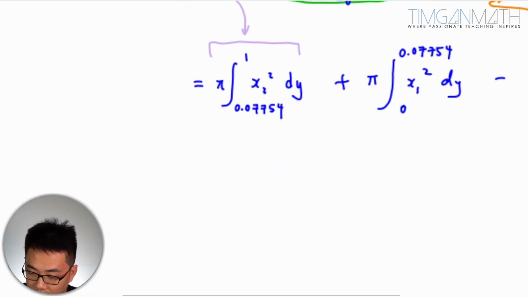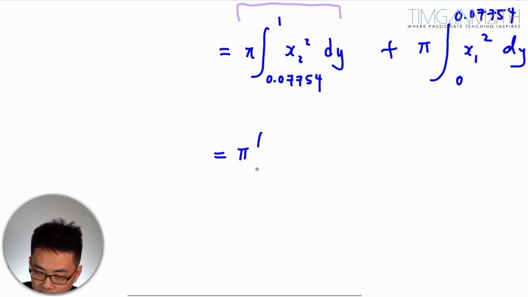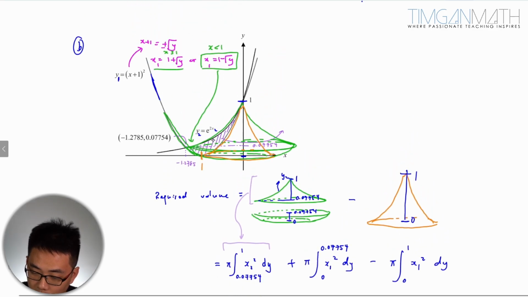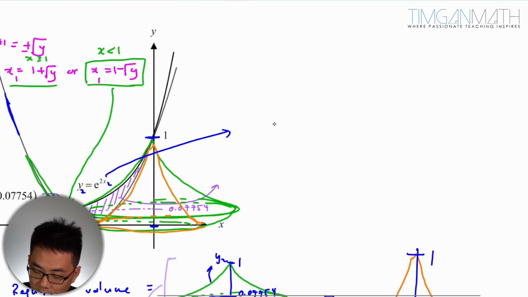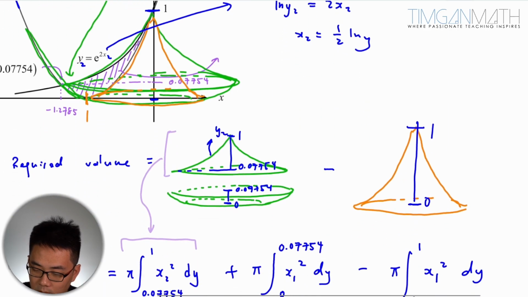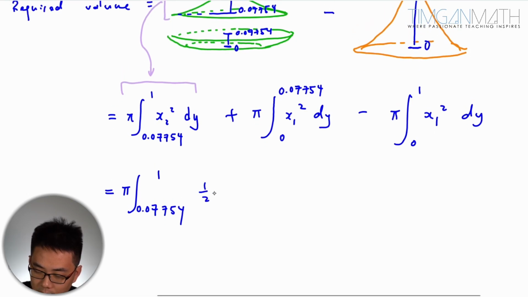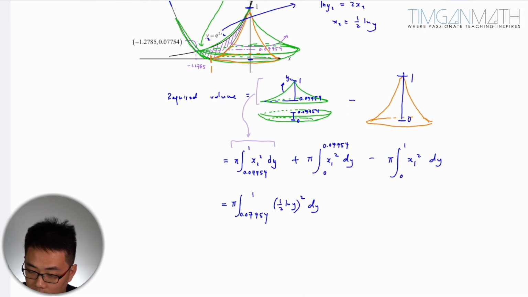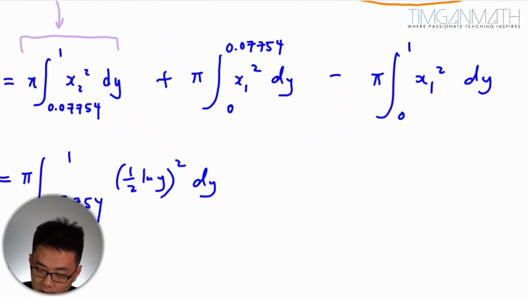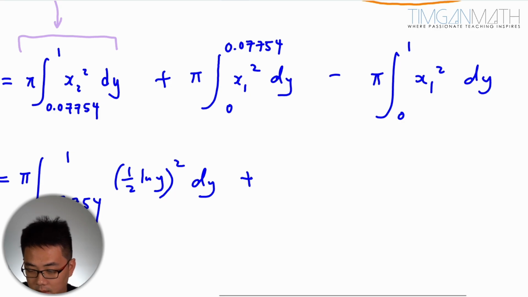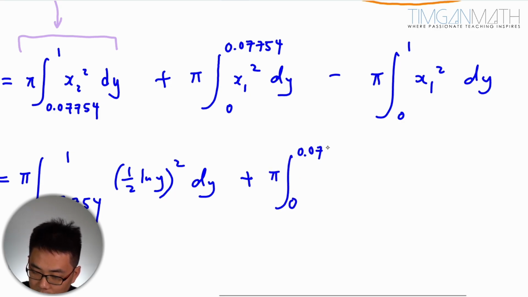So let's just write down the x1 that we want. For this case here, pi, from 0.07754 to 1. X2 squared I'm going to make x2 the subject. So ln y2 equals 2x2, x2 equals half ln y. So this is just half ln y, squared, dy. Then plus the other one would just be pi from 0 to 0.07754.